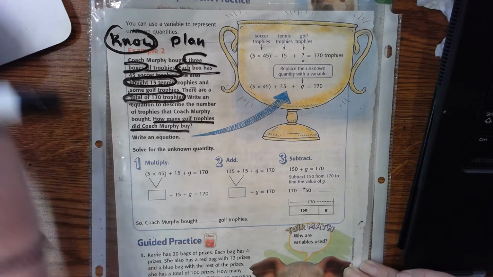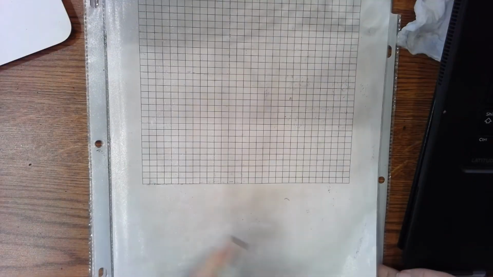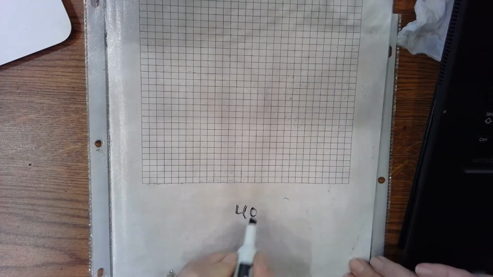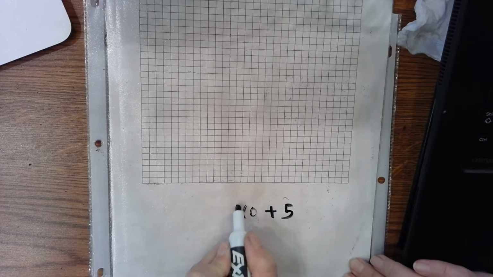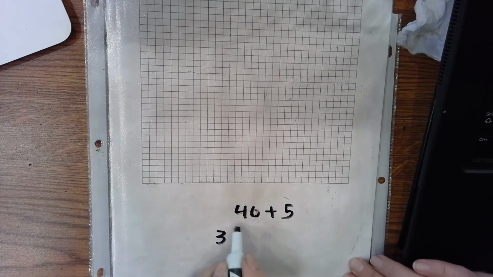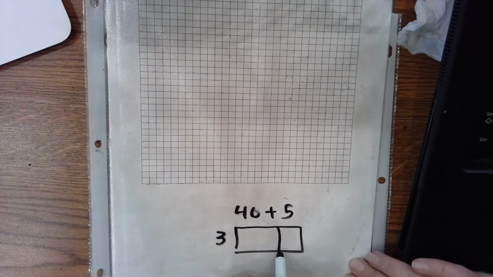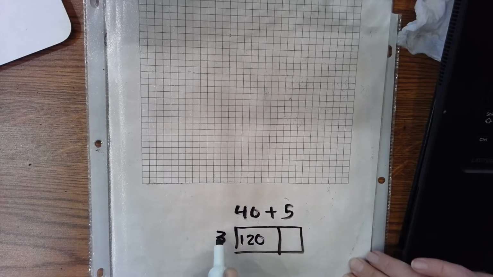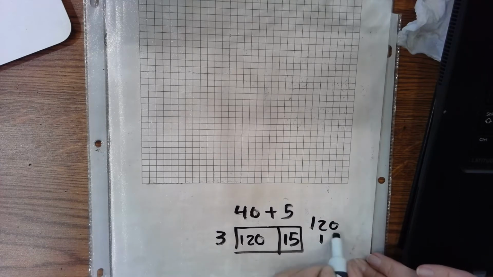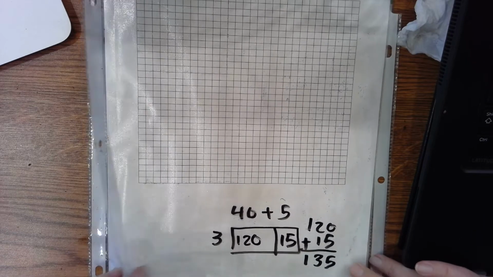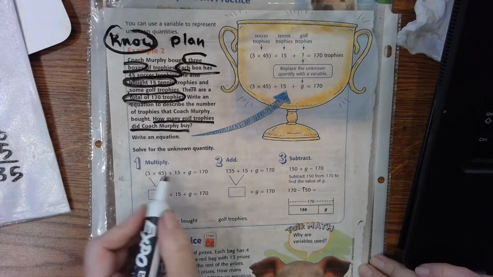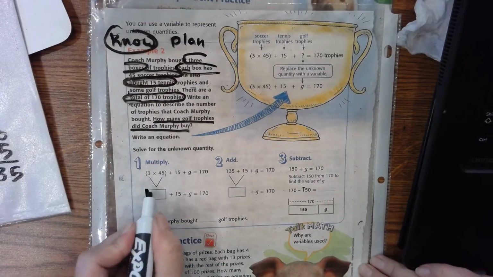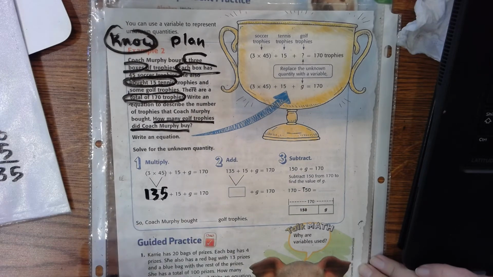Yes, I do. 40 and 5 and 3. 3 times 4 is 12, so 3 times 40 is 120. 3 times 5 is 15. 120 plus 15 is 135. So 45 times 3 is 135.